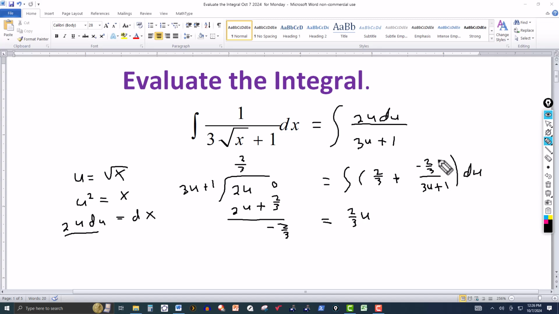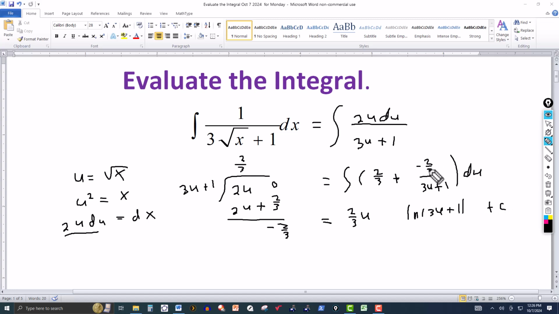And this is when I'm going to use the formula that I just went over at the beginning of the video. See, I have a linear factor there. So according to what we had, this is just going to be the natural log of the absolute value of this right here. It's going to be absolute value of 3u plus 1. We're going to have a constant of integration here.